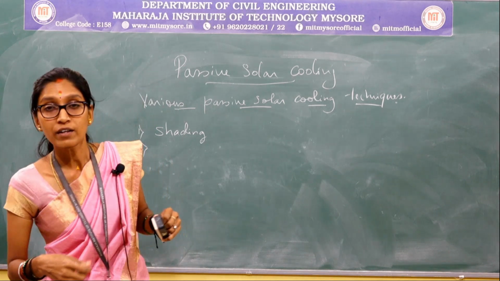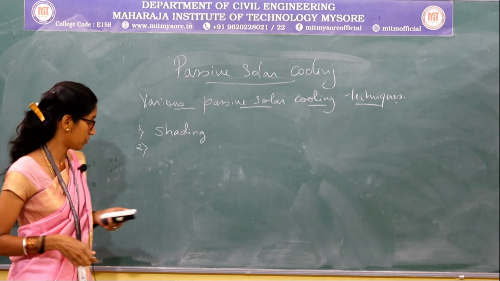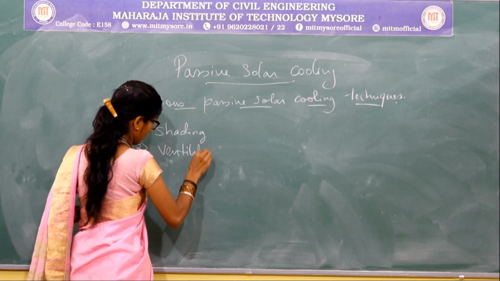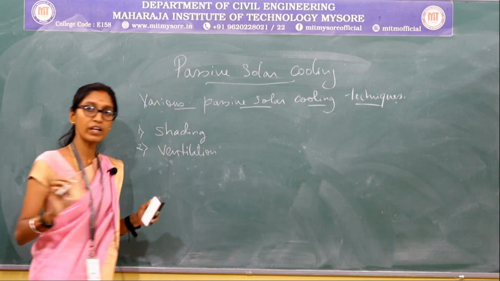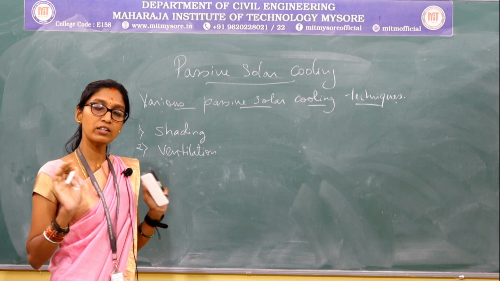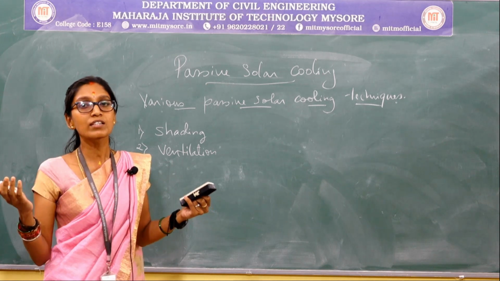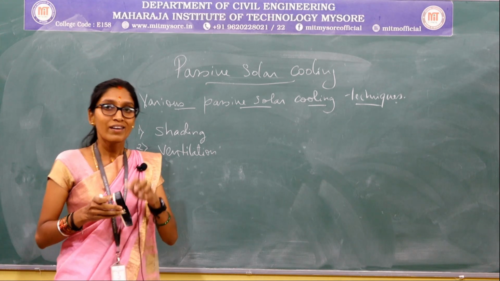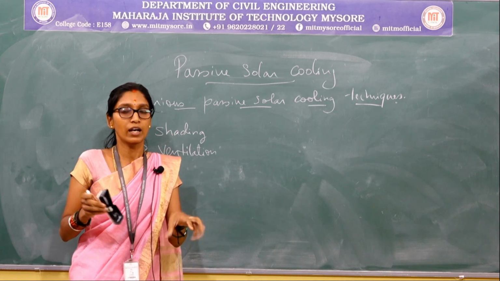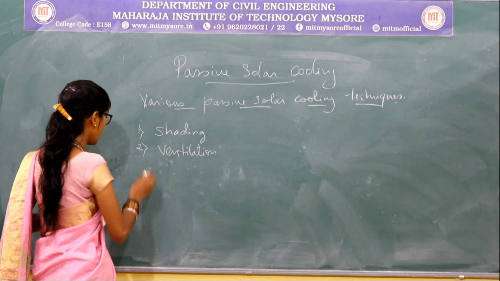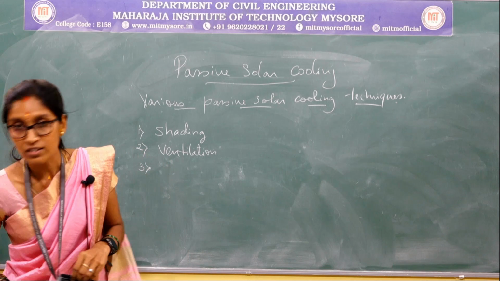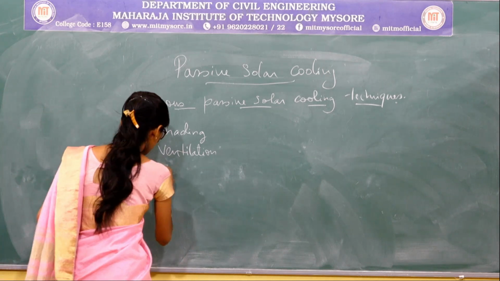So after shading, it is nothing but ventilation. Which causes the free movement of air to take place. And once fresh air enters a building, obviously the system is going to remove the hot air which is already present inside and provide comfort in a particular zone, right? And the third one is the solar chimney.